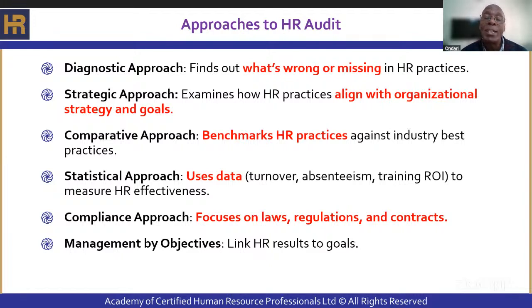Or the normal one that we know is picketing. These are demonstrations against certain practices in organizations or unfair treatments. All these relate to employee relations, and we can measure this statistically. That is a statistical approach.